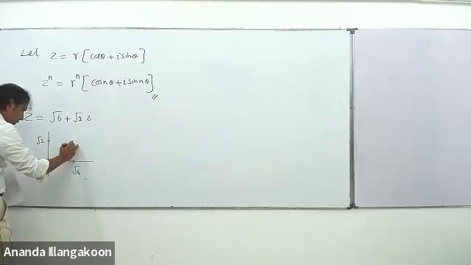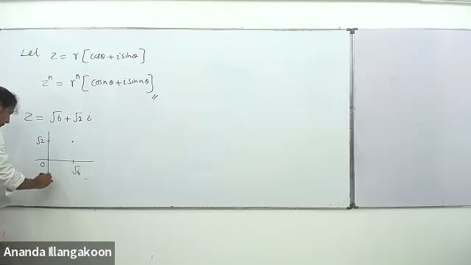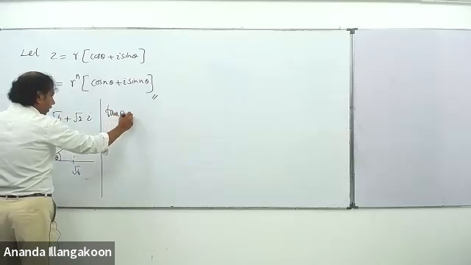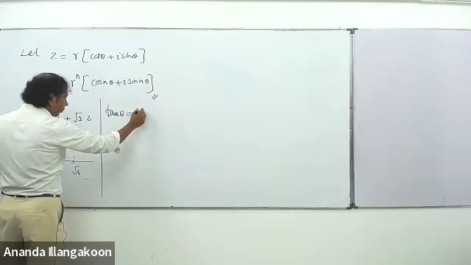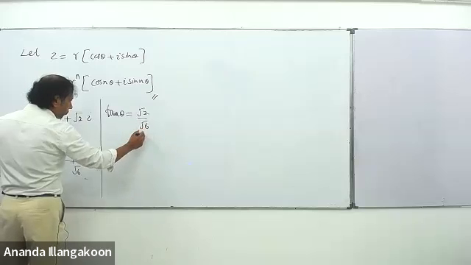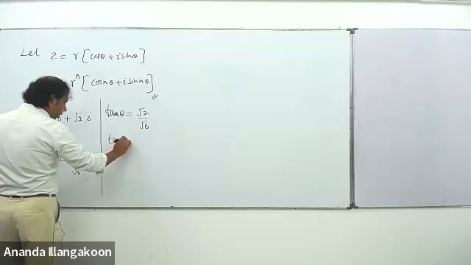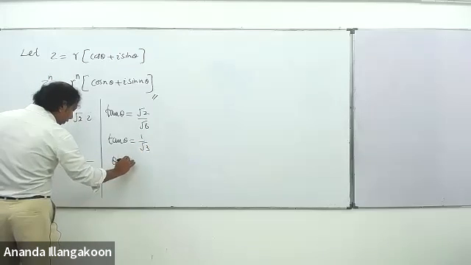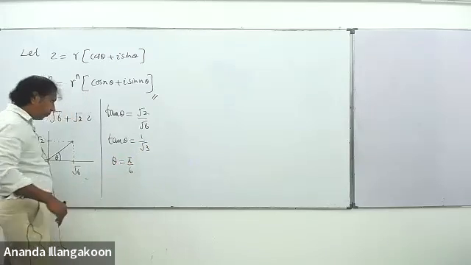The complex number should be here. This is the origin. Join this here. Take this angle as theta. Tan theta is root 2 divided by root 6, so tan theta is 1 over root 3, theta is 30 degrees. Correct, no?